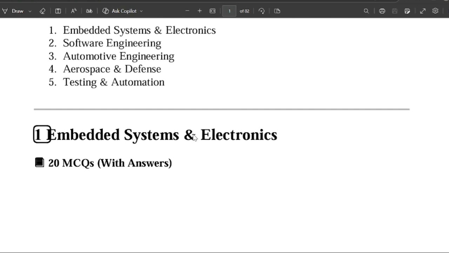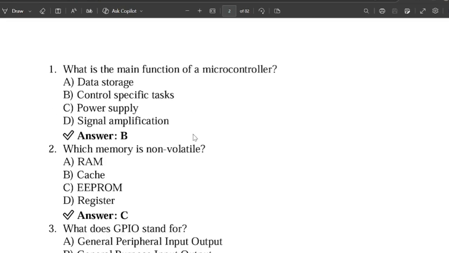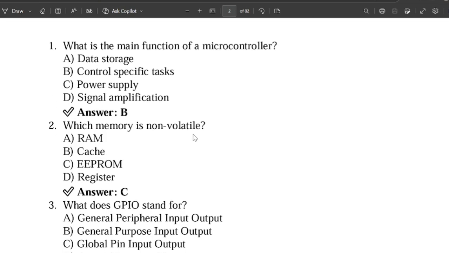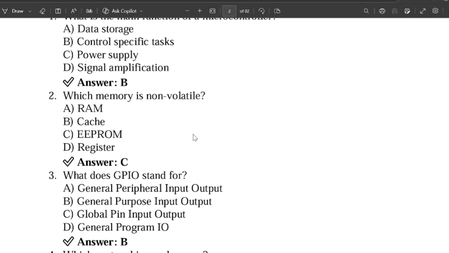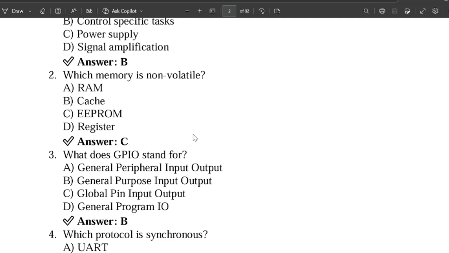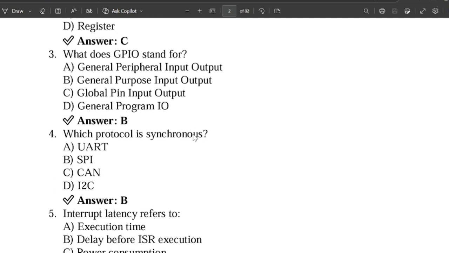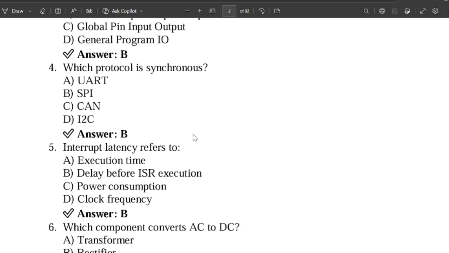embedded system and electronics. Okay, so what is the main function of a microcontroller? Answer is control specific task. Which memory is non-volatile? C option, EEPROM. What does GPIO stand for? General purpose input output. B option.